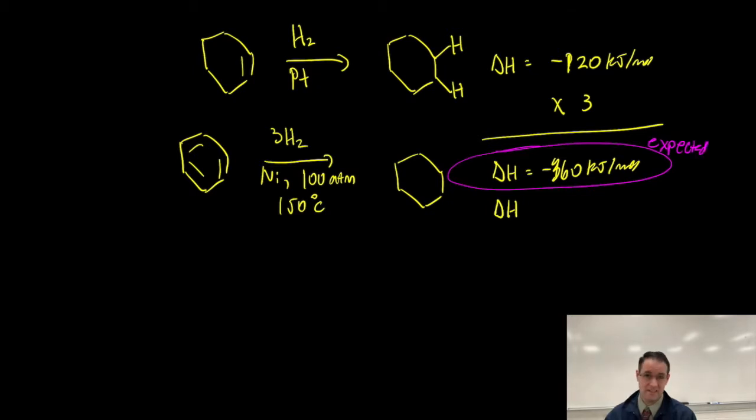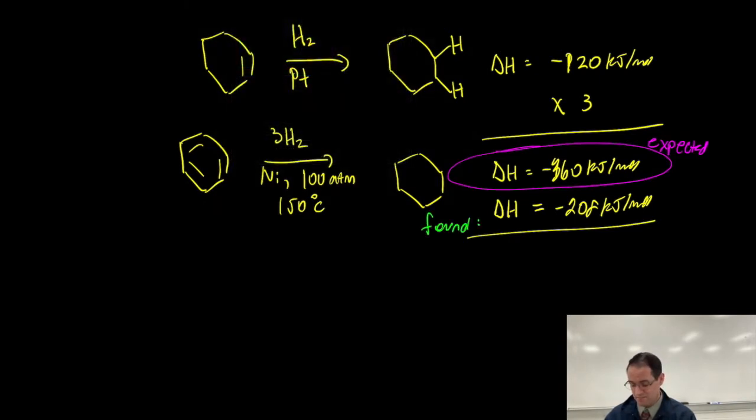So they were expecting 360, and what they got instead was 208. And so this substance is really stable by 100 kilojoules per mole or something like that. And that's due to resonance stabilization, okay? So that was very surprising to people when they first found this out, okay?